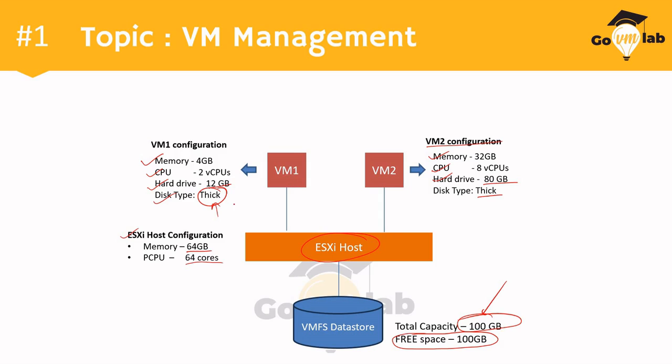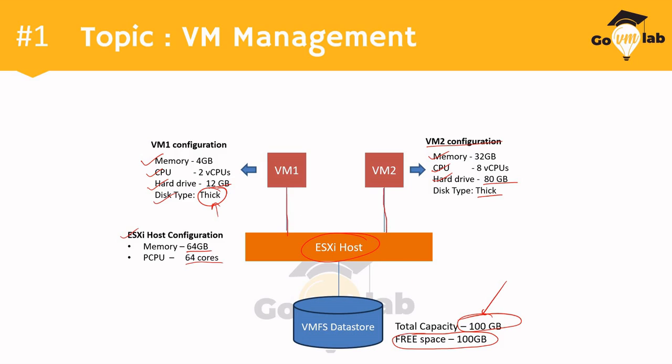As of now, these are just VM configurations that we have defined, but we have not created these VMs yet. So the very first step is that we will be creating VM1 and VM2 on this data store.